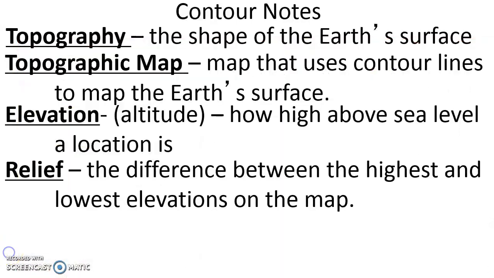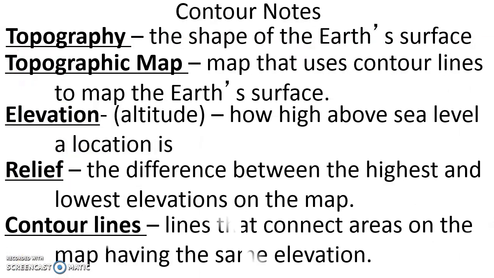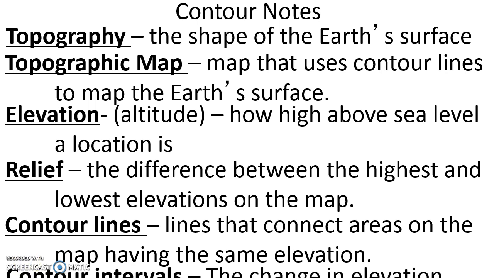If we go back here, the contour lines are just lines that connect areas on the map that have the same elevation. Let me just scoot this down a little bit here.